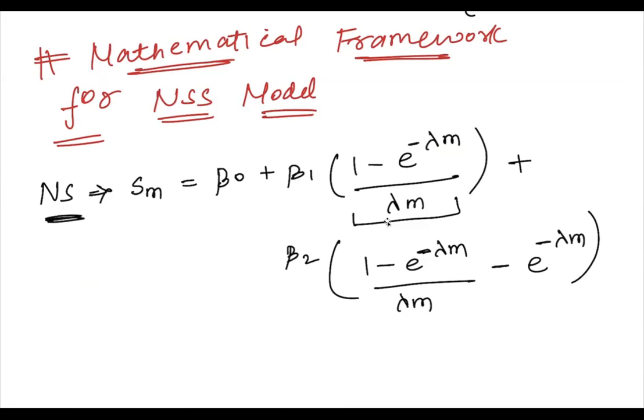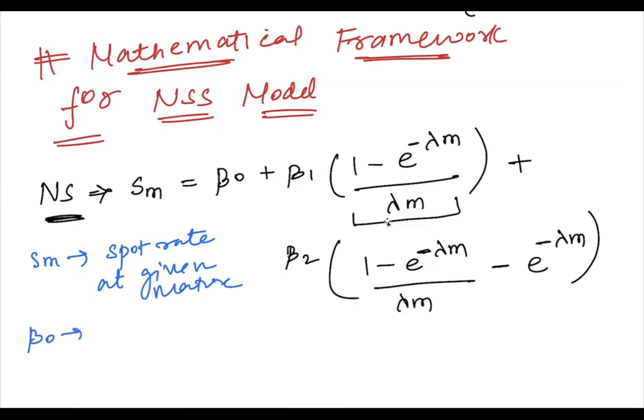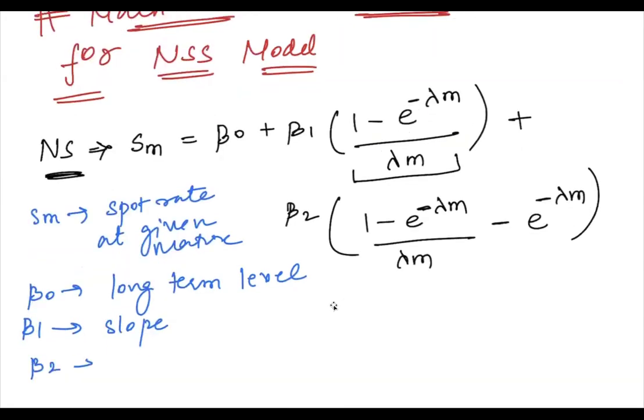Here S m is the spot rate, or the rate at a given maturity. Beta naught was the long term level, beta 1 was the slope, and beta 2 is nothing but the curvature.